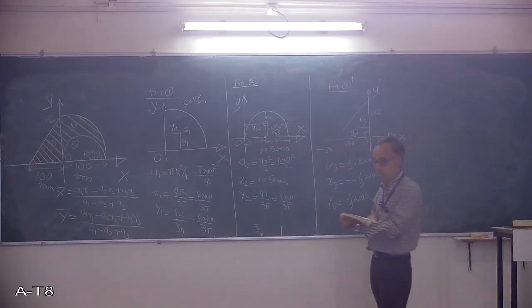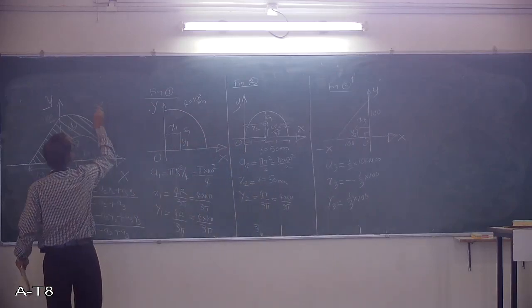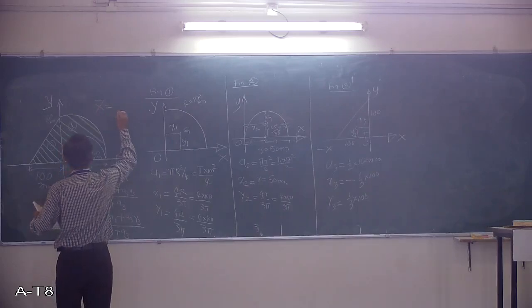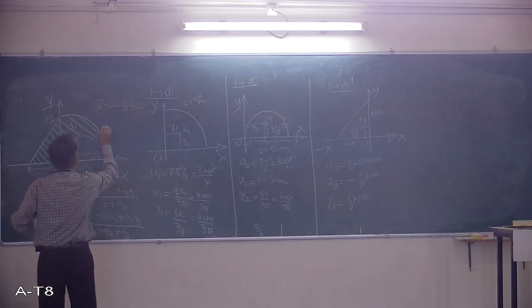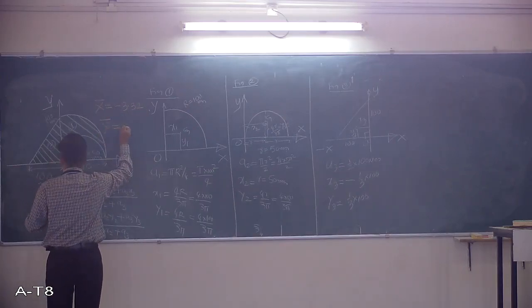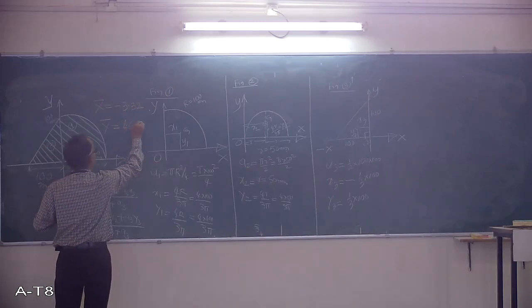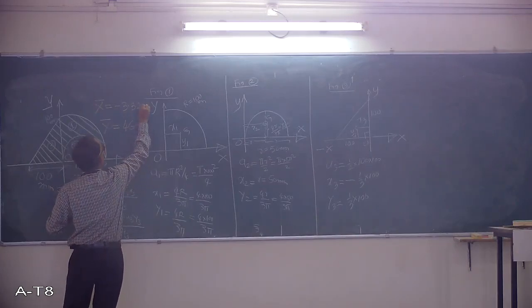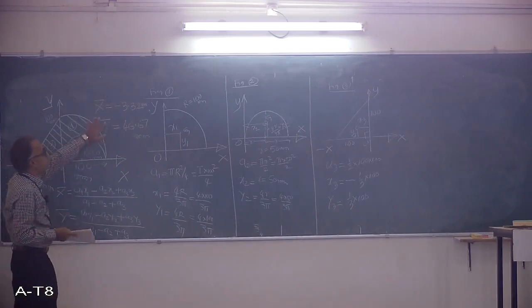X bar, I write the value. X bar we are getting minus 3.32. Y bar we are getting 46.67 millimeters. See now, x bar you have got minus 3.32.